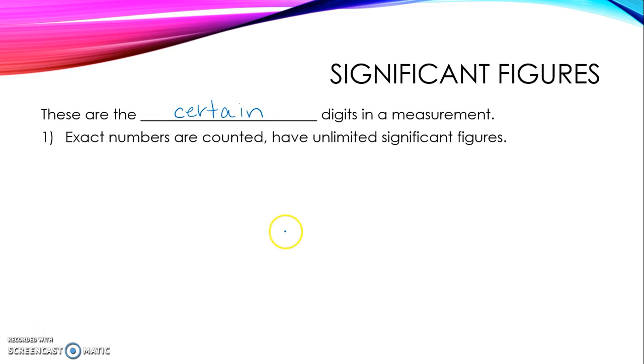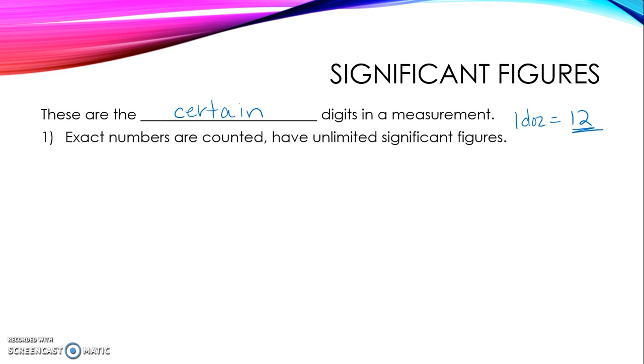Exact numbers are counted and have unlimited significant figures. So an exact number is a counted digit. So we know that in 1 dozen there are 12 eggs in a dozen eggs, right? That would be an exact number. And if you have an exact number, there are an unlimited number of significant figures, and we don't use those to calculate anything.